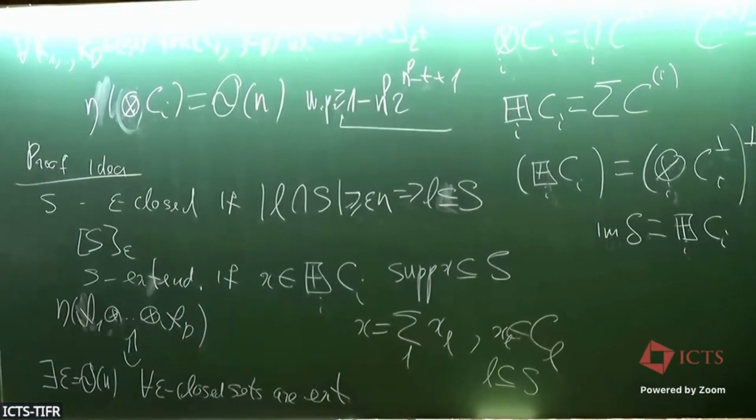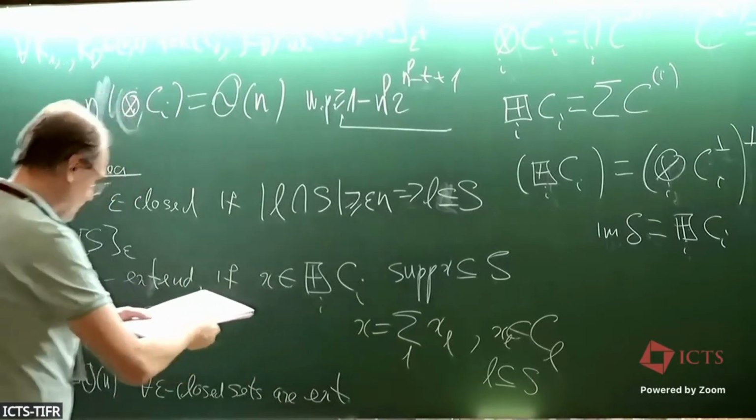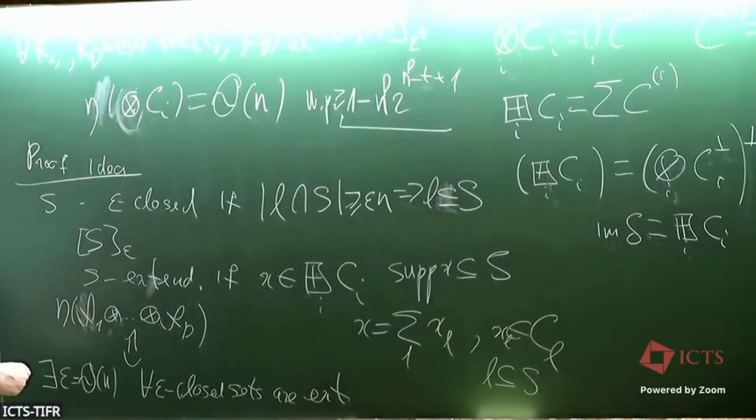So in order to ensure good coboundary expansion, we need just to look at this combinatorial property. All sufficiently large epsilon closed sets should be extendable. And so this is fact one.